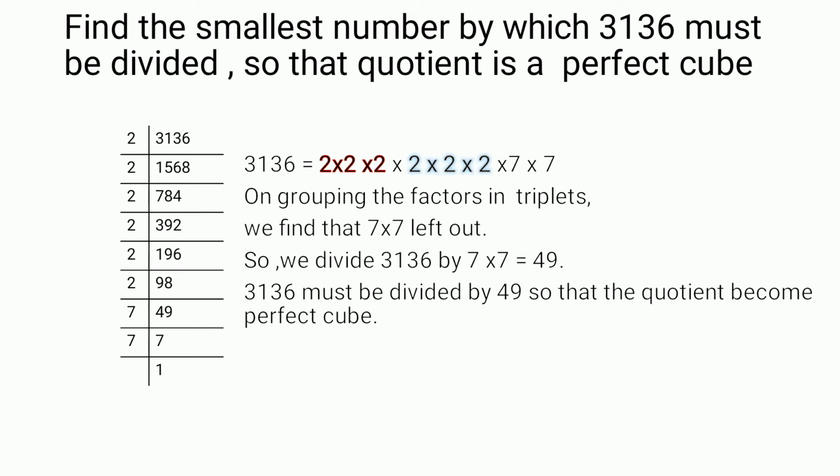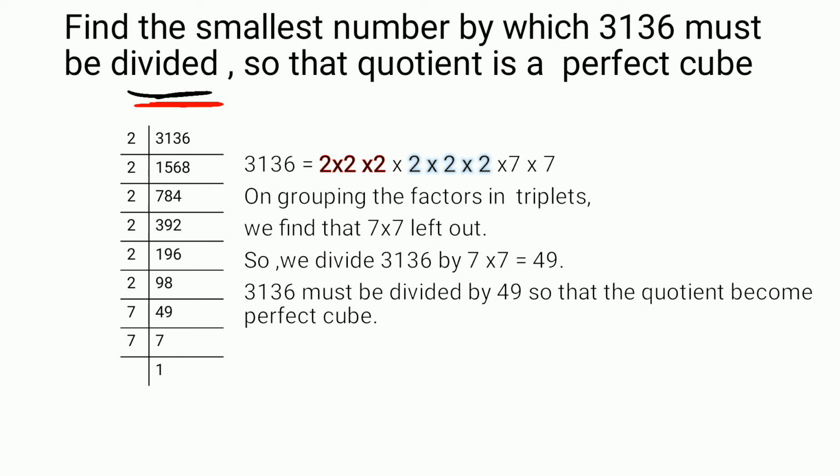Now I am going to take one example of a number by which this must be divided so that the quotient is a perfect cube. To make the quotient a perfect cube, we will again factorize it by the prime factor method.